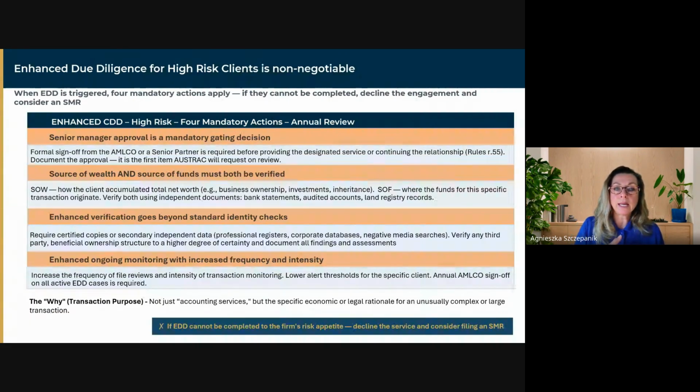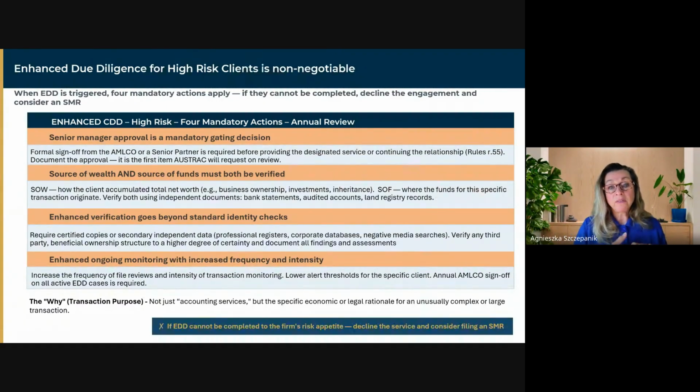So the second is that you need to collect source of wealth and source of funds. And I've talked about that a little bit earlier, but really source of wealth is the net accumulated wealth of your client, which is business ownerships, investments, inheritance, and then you need proof of that. Source of funds is where the funds for the specific transaction originate or where there's ongoing income.